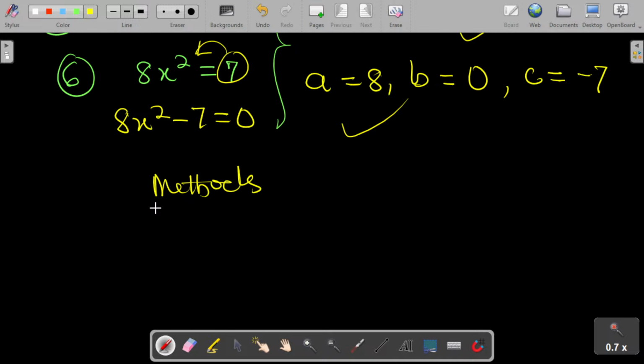If there is no x squared, that equation is not a quadratic equation. Did you hear what I just said? There must be x squared for that equation to be quadratic. Alright, so let's move on. Methods of solving quadratic equation.